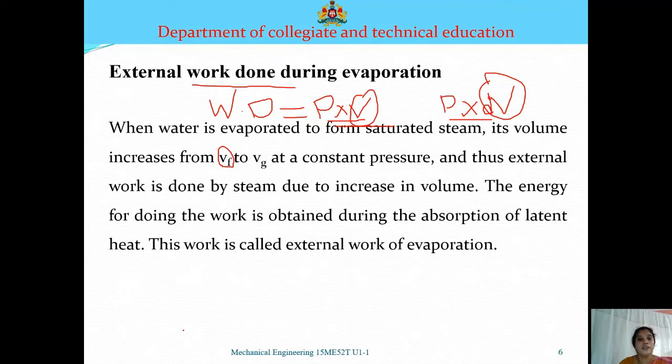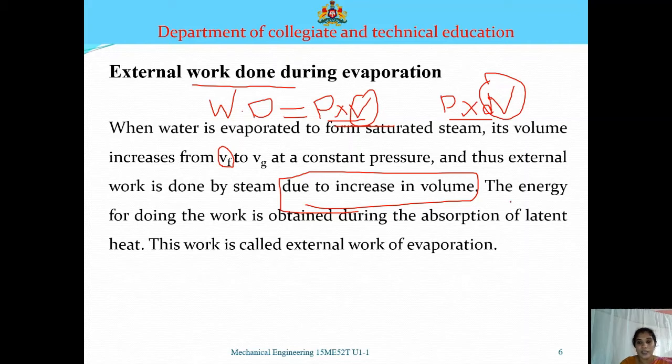When the steam is starting to evaporate, there will be an increase in the volume, but the temperature remains constant. There will be a change of volume, an increase in the volume. Thus, some external work is done by the system. So how? By increasing the volume. This increase in volume shows that some external work was done by the system.